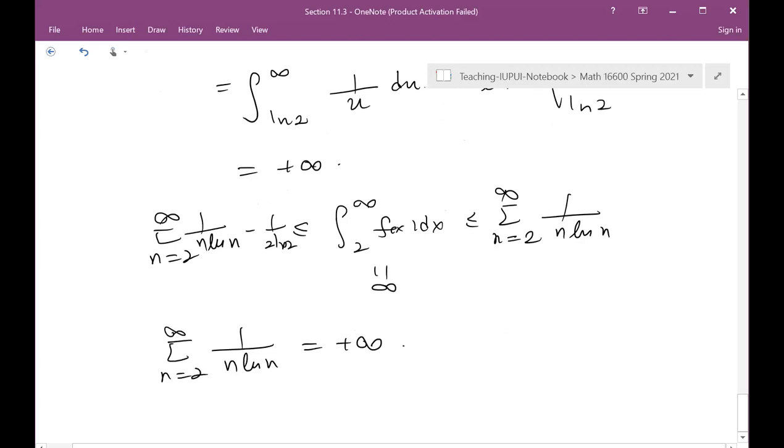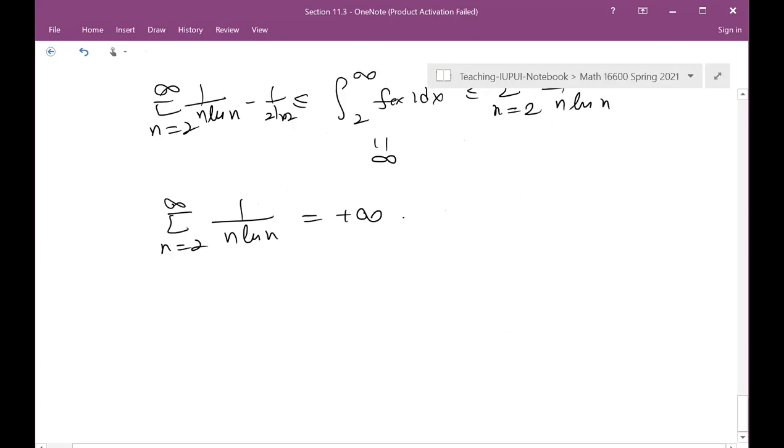So it's divergent. That means n times natural log n goes really very close to n. Yeah, 1 over n natural log n decreases almost as fast as 1 over n. And so the integral test is a pretty useful method.